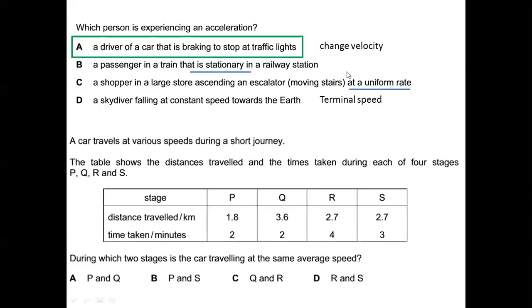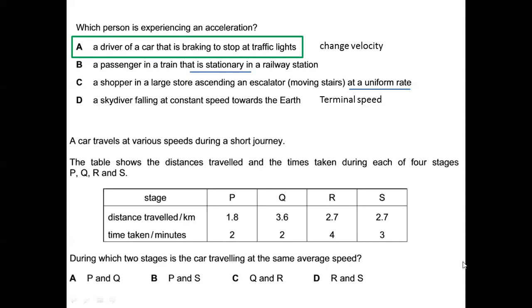Next question. A car travels at various speeds during a short journey. So we have here the table for the distances traveled and the times taken. During which two stages is the car traveling at the same average speed? So remember, when we compute average speed, we get the total distance over the total time. Here, those data were already given to us.